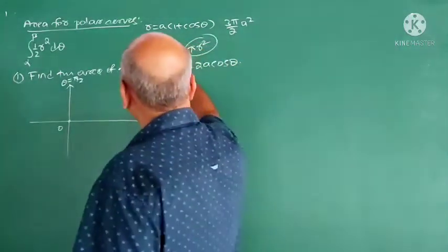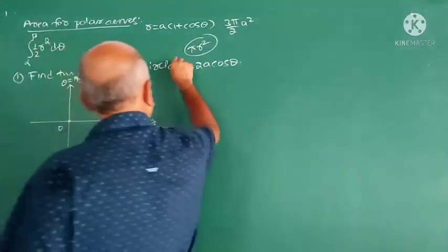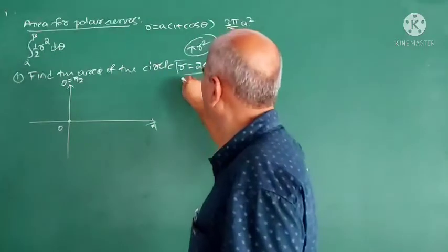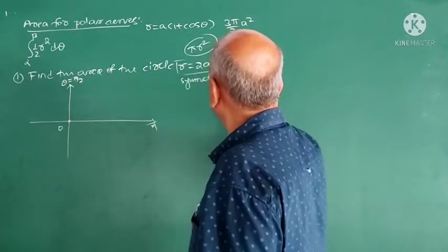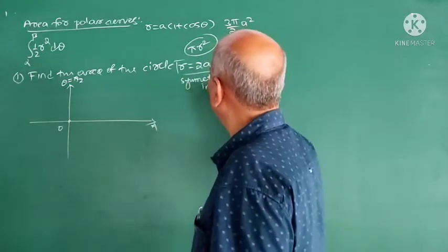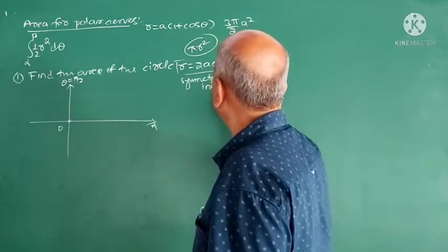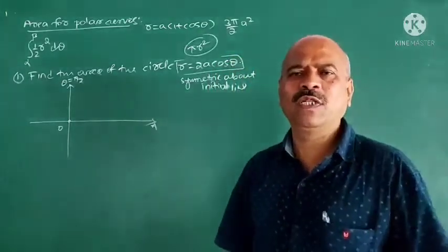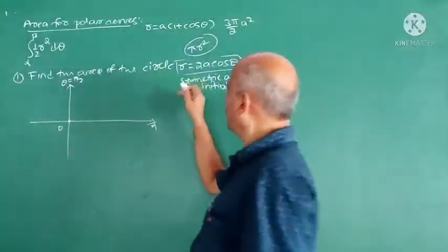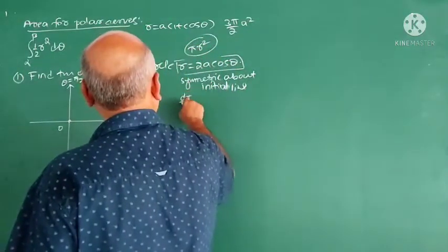Now what are the things here? First, this r is equal to 2a cos theta is symmetric about the initial line. Already I have explained in curve tracing what is the shape of this curve. Second thing is find dr by d theta.